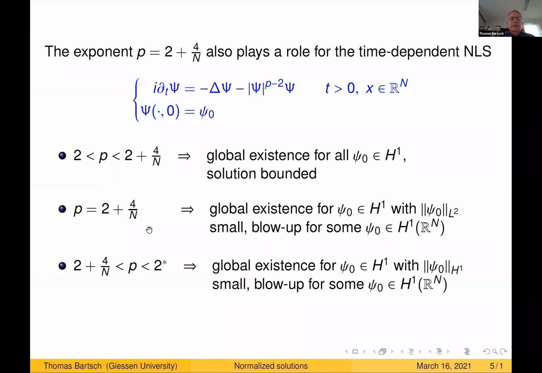In the case of the mass critical exponent, there is global existence, but the L2 norm of the initial condition has to be small. And for other initial conditions, you have blow up. And if p is bigger than the mass critical exponent, then you have global existence if the H1 norm of the initial condition is small. And again, you have blow up in general.